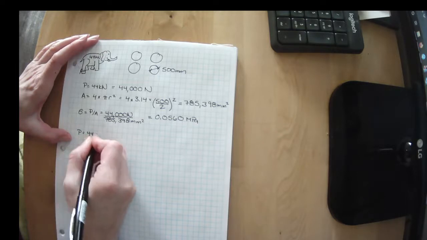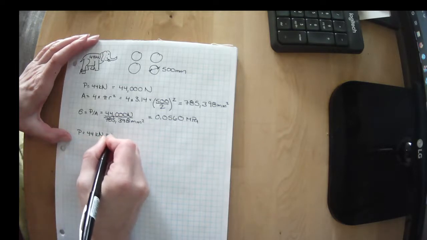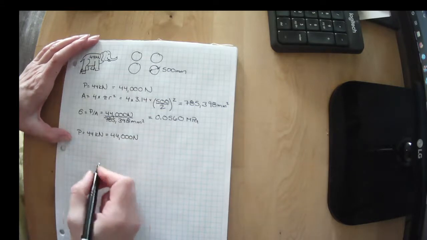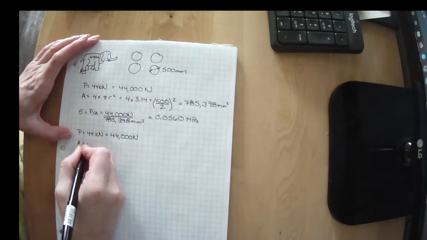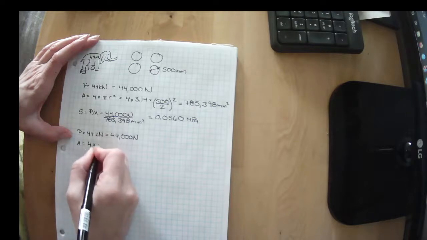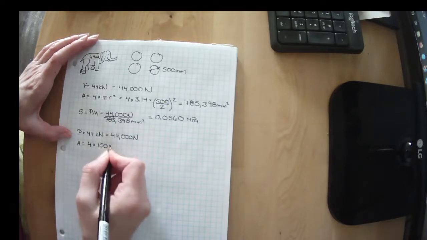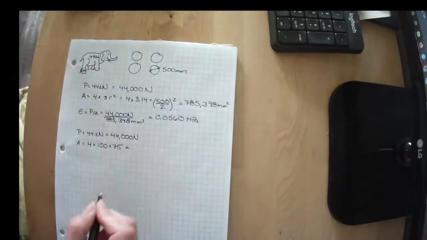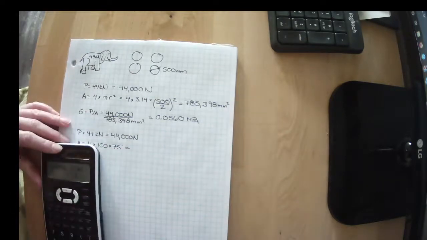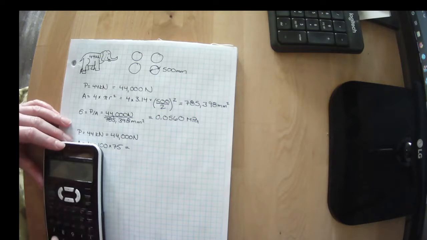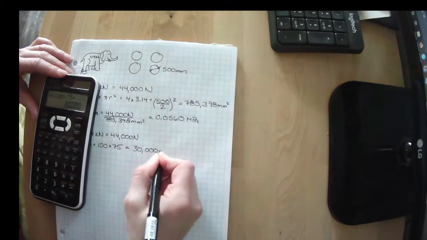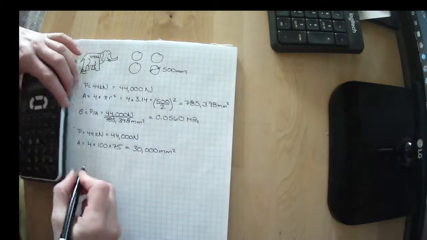So we have 44 kilonewtons, or 44,000 newtons. The area now is 4 times 100 by 75, because he has 4 feet and I only had 2. 4 times 100 by 75 equals 30,000 millimeters squared.